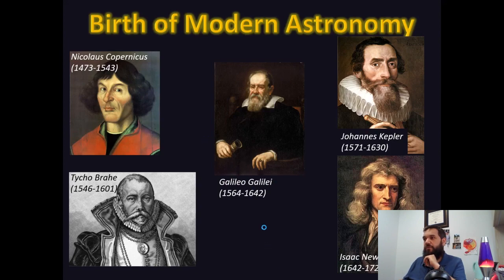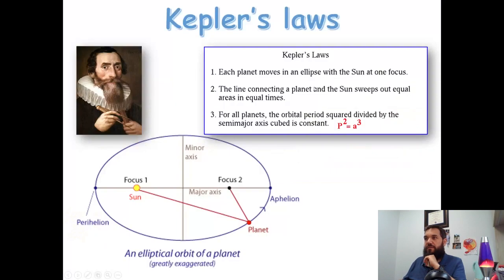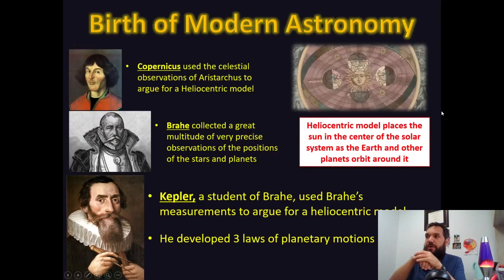And the first one we want to talk about here is, whoops, went too far, Copernicus. Now, Copernicus was a Catholic priest, and he was also a natural scientist, researcher, and astronomer. And he used Aristarchus's model and his observations, and Hipparchus's as well.